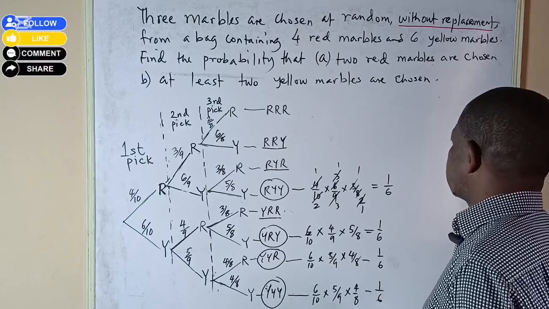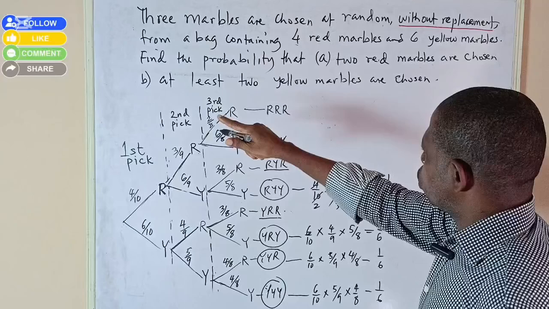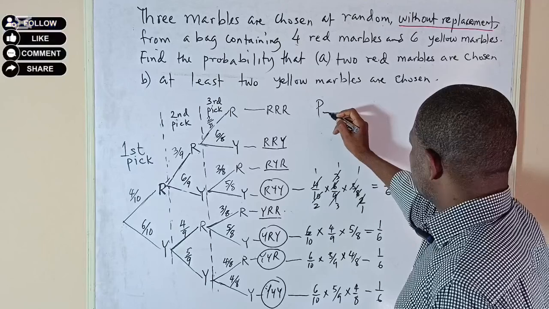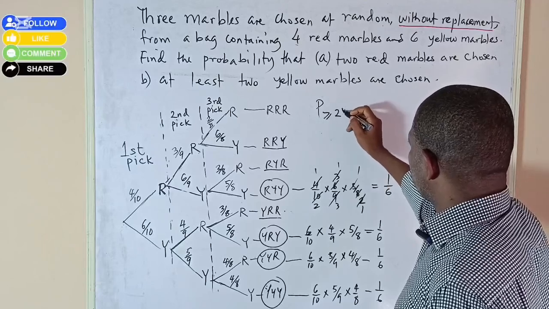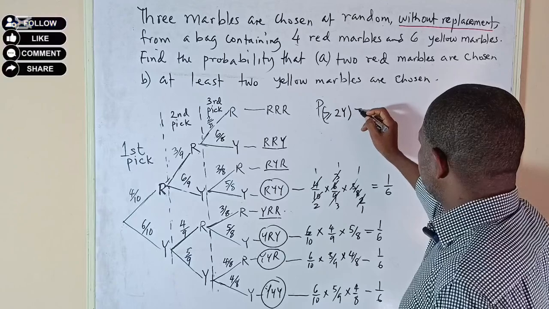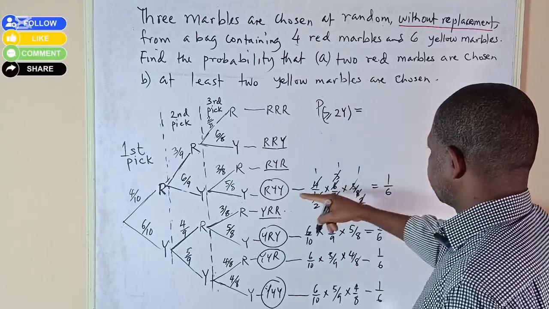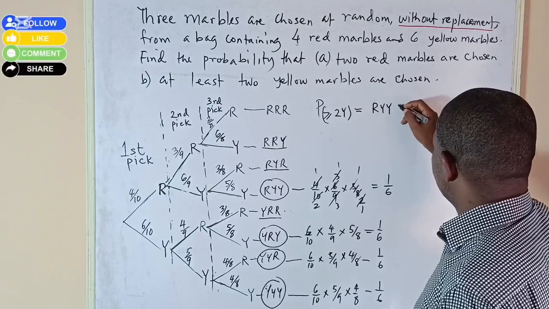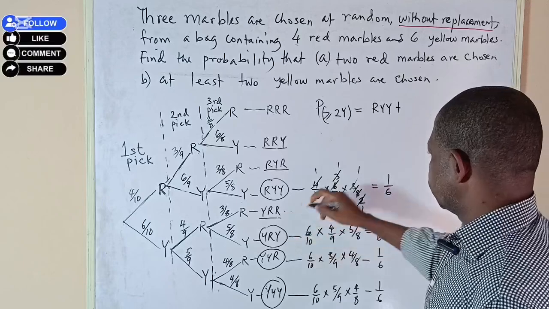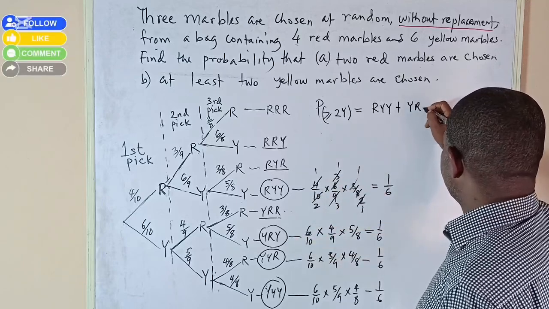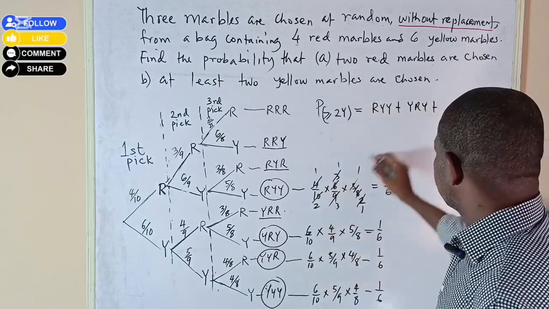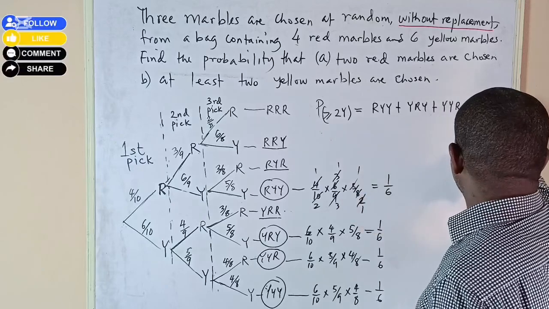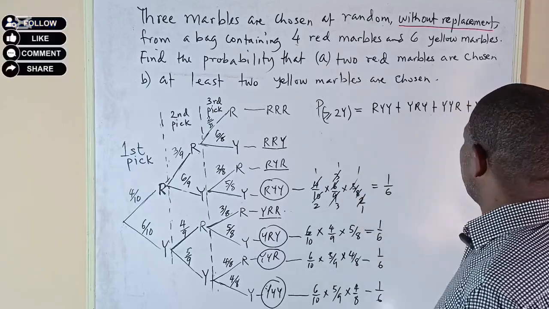And this is 1 over 6. So the probability of choosing at least 2 yellow balls, let's write it like this: P of choosing greater than or equal to 2 yellow balls will be the probability of choosing red, yellow, and yellow plus probability of choosing yellow, red, and yellow plus the probability of choosing yellow, yellow, and red plus the probability of choosing yellow, yellow, and yellow.